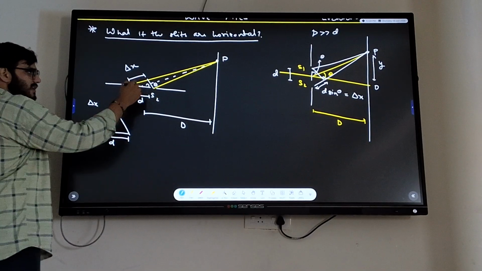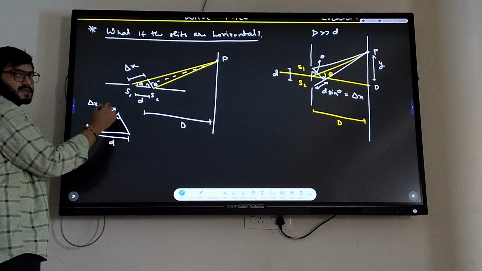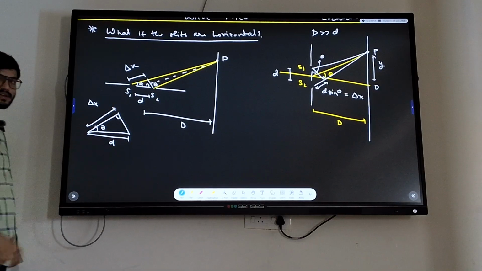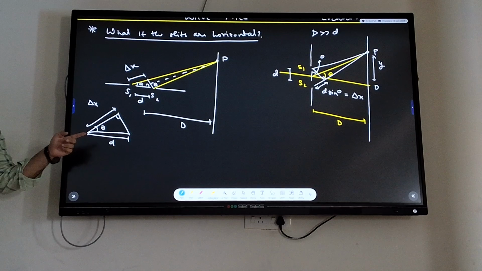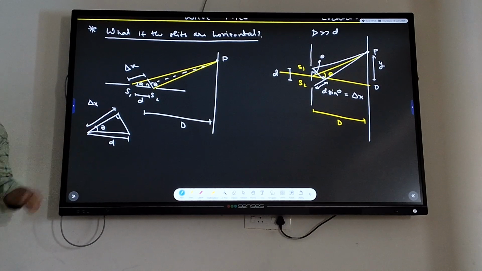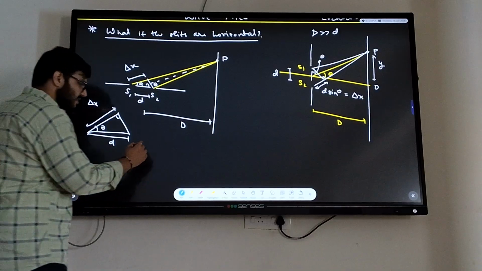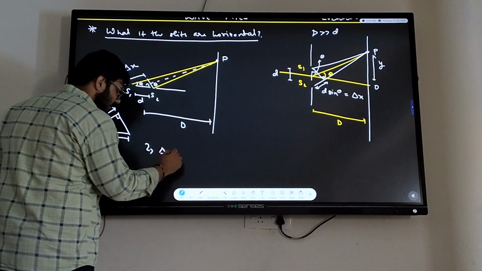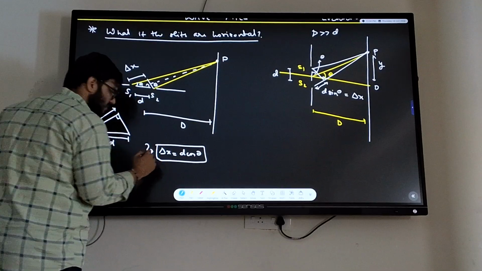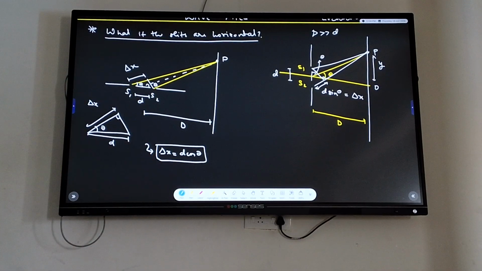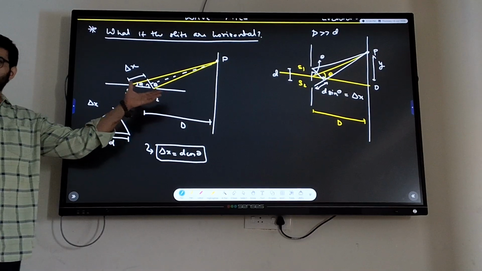So if they are parallel, this is also theta. If that is theta, this is theta, then which trigonometric identity helps? Cos theta. And then what is this delta x equal to? Should be d cos theta. And now this is my condition of the path difference for a situation where the slits are horizontal.